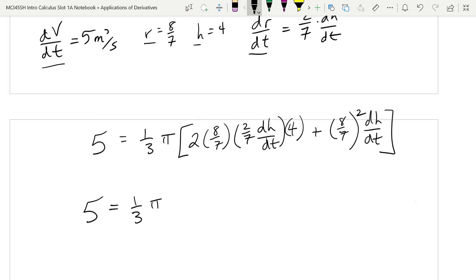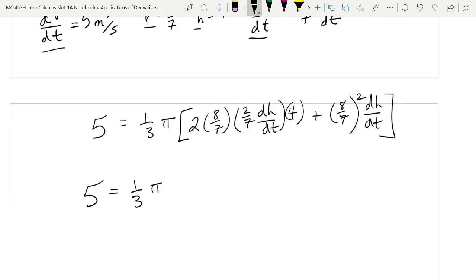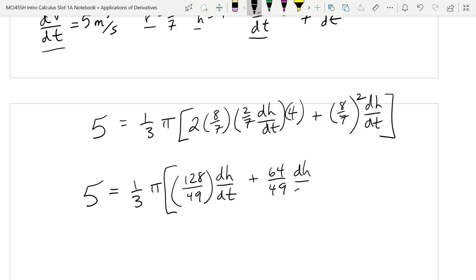All right, now let's put all the numbers together. 2 times 8 times 2 times 4, so that's 8 times 8 times 2, so that's 64 times 2. So that's 128 over 7 times 7 times dh by dt. I guess I should keep this in a big square bracket. Plus 8/7 squared is 64/49 times dh by dt.